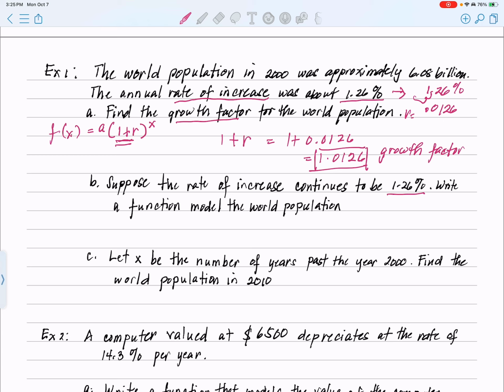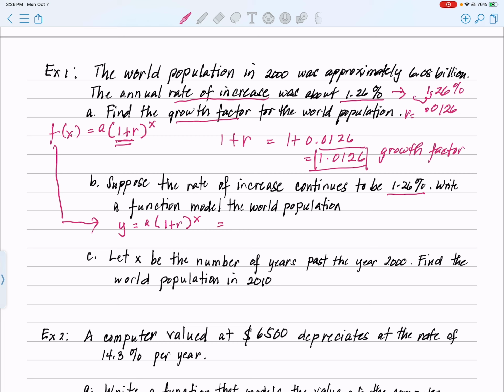We can get it from here. I will change the f of x into a y. It's a function model, so y equals a times (1 plus r) to the power of x.